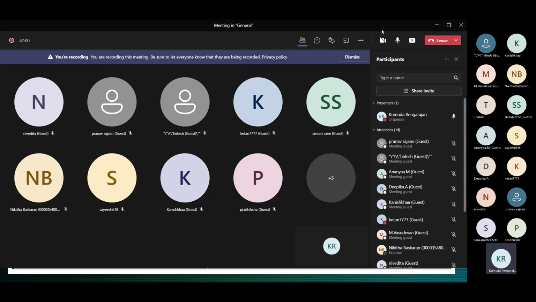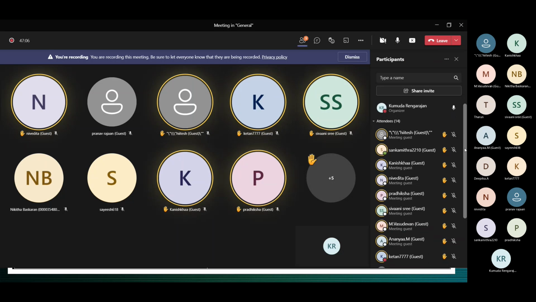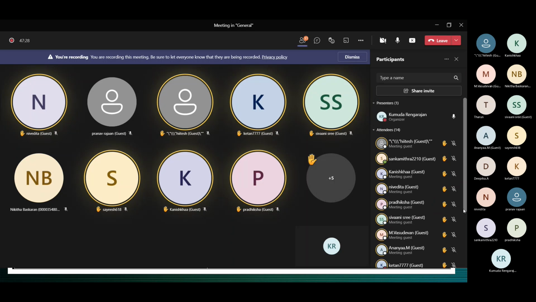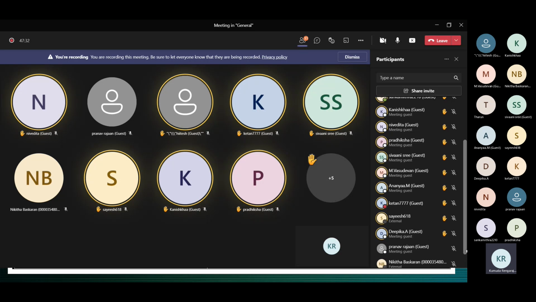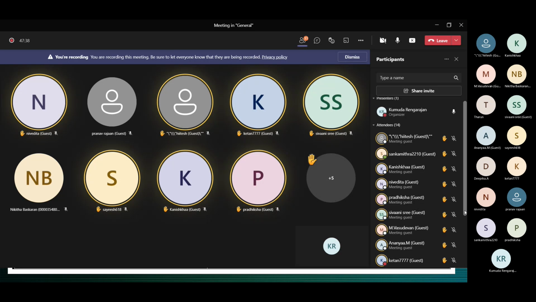Class, raise your hand. Okay, so there is Tarun, Nikita, Pranav, Deepika, Saish, Arav, Ananya, Vasudevan, Shivani, Pratiksha, Nivedita, Kanishka, Sangamitra, and Hitesh.